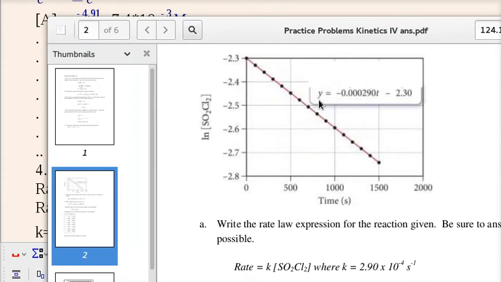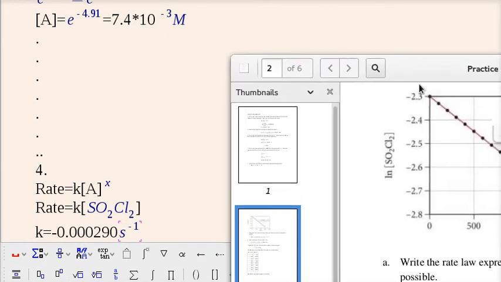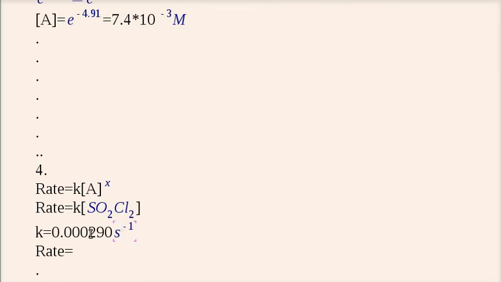By the way, this is the equation of this line, in case you were wondering what that's called. Y equals so-and-so times t, t being time. And that's the slope. K is negative the slope. K, so this is actually positive. Notice that I accidentally had a negative there. It is positive, not negative.